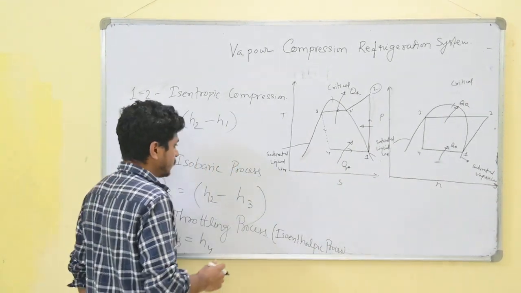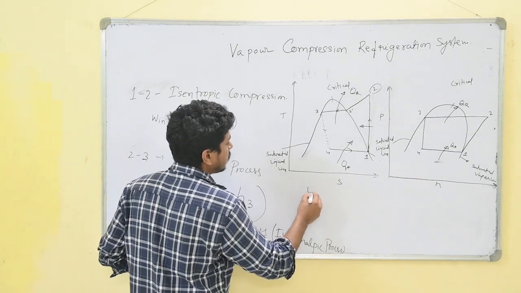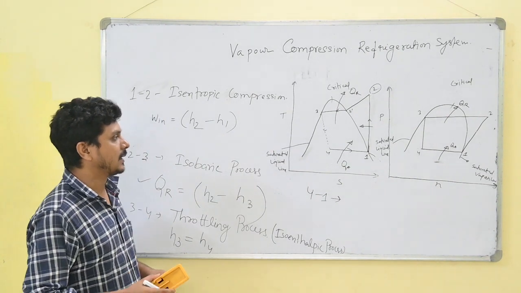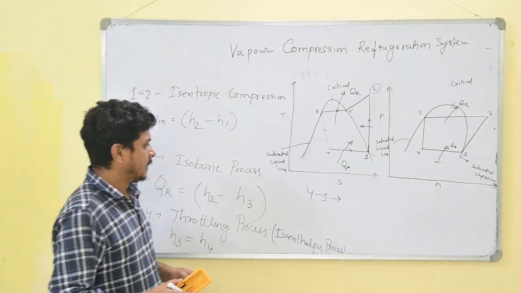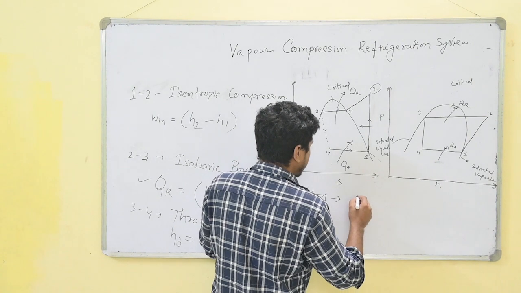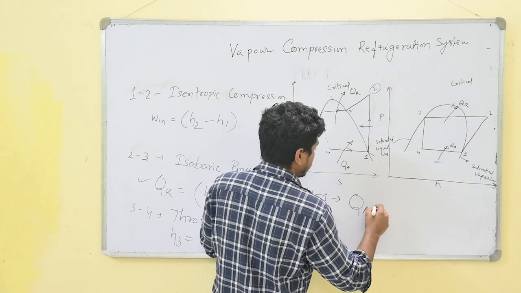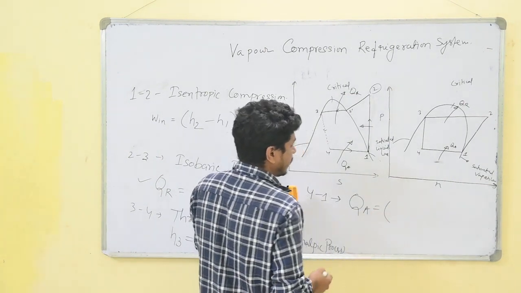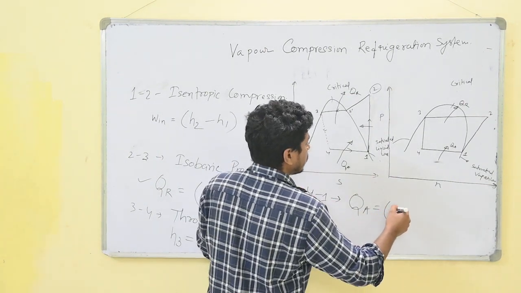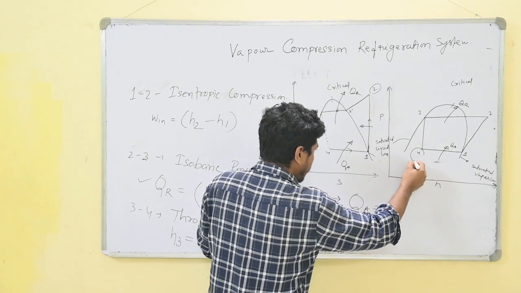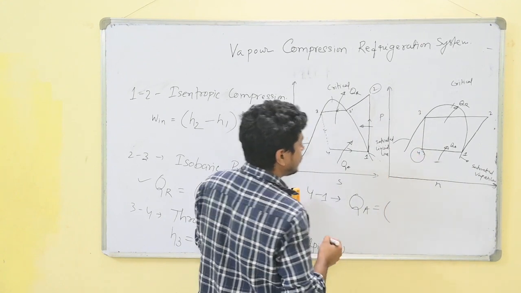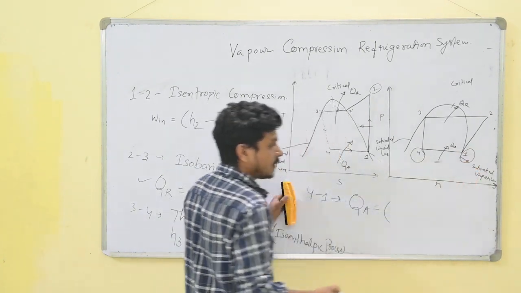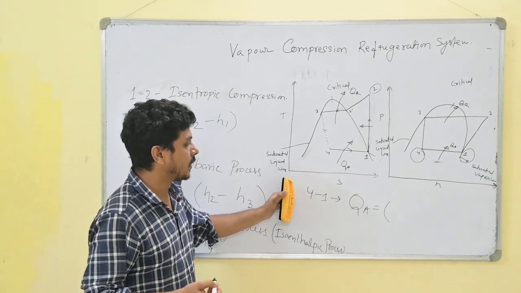Next, the refrigerant goes to the evaporator, where heat is absorbed. The inlet enthalpy of the refrigerant is H4 and the outlet enthalpy is H1.